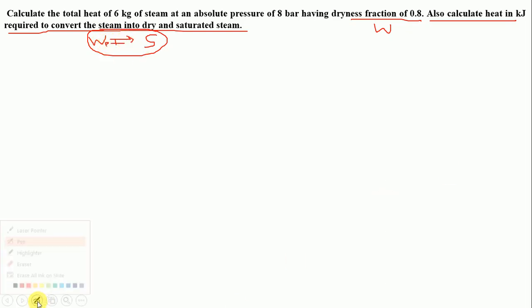Also calculate the heat in kilojoules required to convert the wet steam into dry and saturated steam.